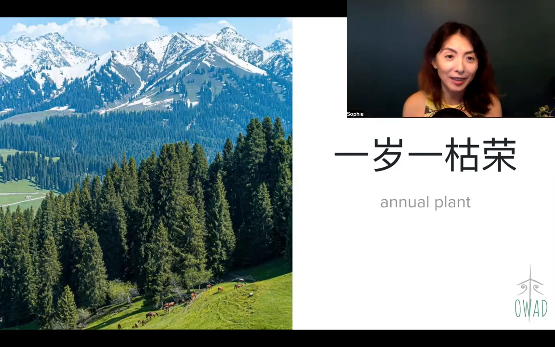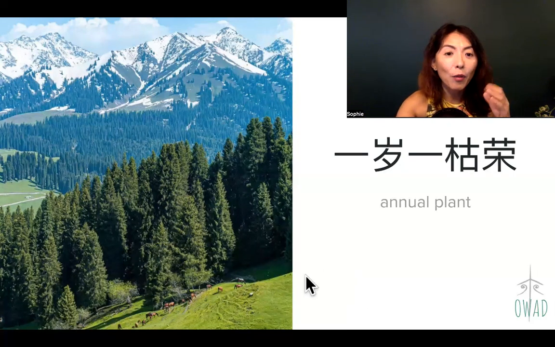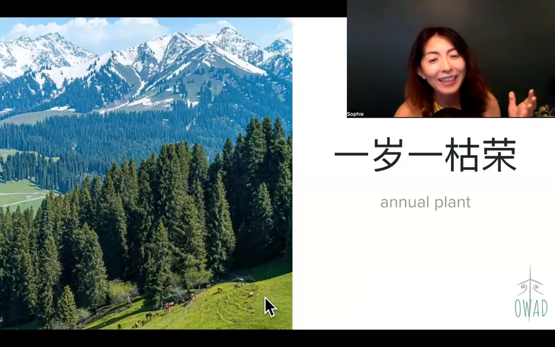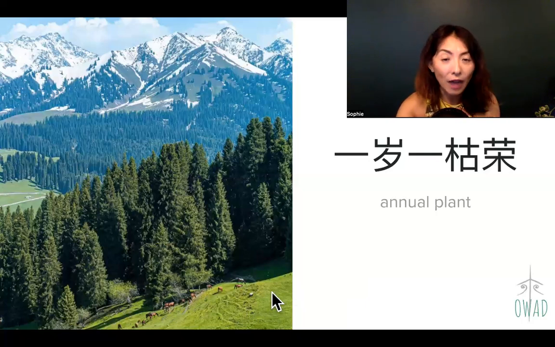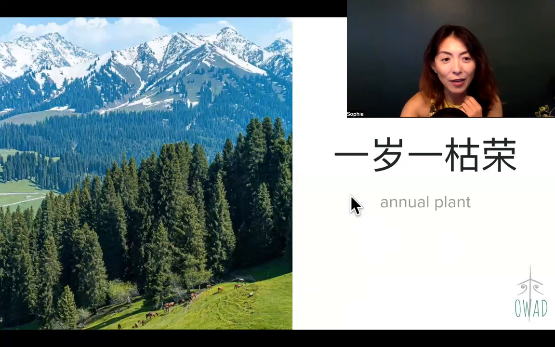You can see the scenery here is amazing, with snow-capped mountains, tall trees, big grassland, and freely roaming horses. It's idyllic, so beautiful. I want to use this picture to signify the grass. The main character actually is the grass here. For the grass, they are going to experience this year-round life cycle. And that's 一岁一枯荣. And if anybody is interested in his channel, I can send a link in the description.